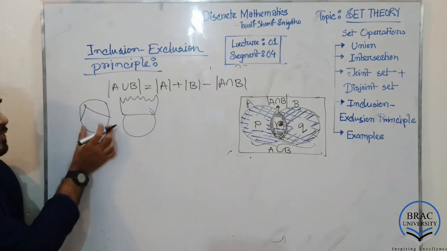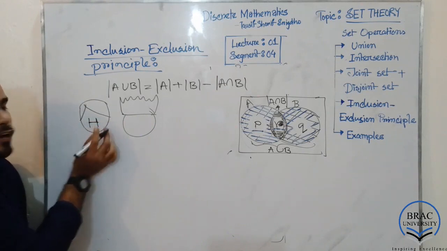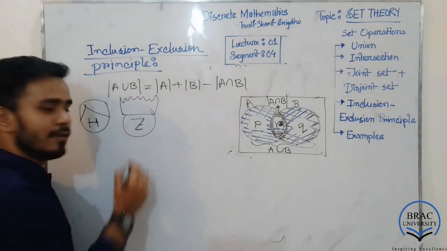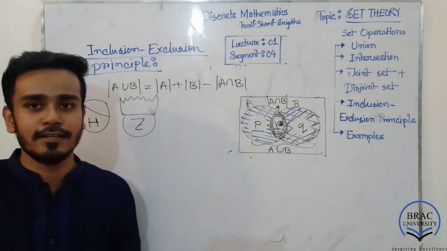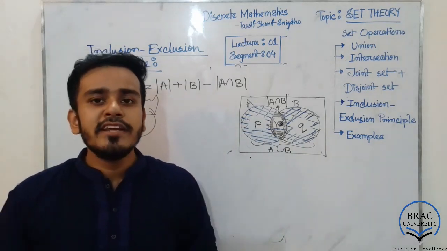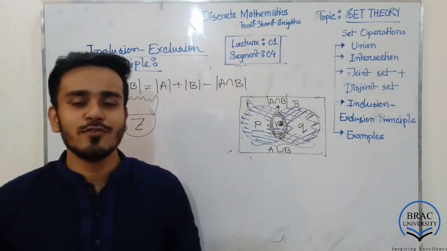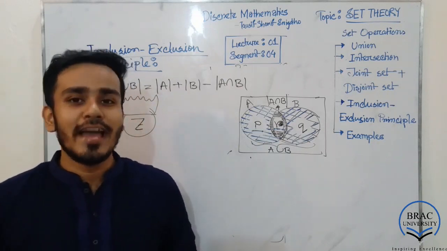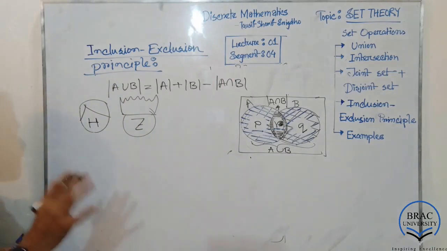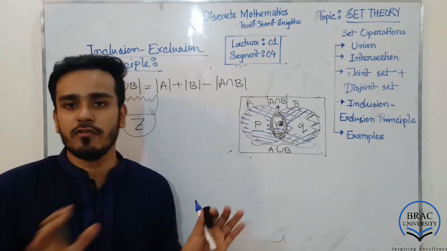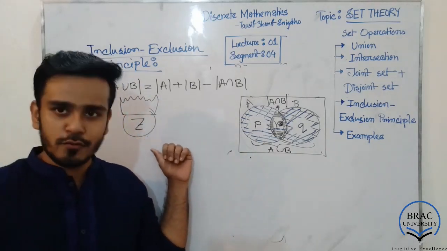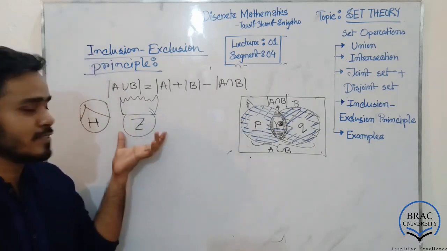Okay, so let's see, this is our hero alum, Mr. H, and this is Zaid Khan. It is known that 80% of BRAC University students are fans of hero alum, and 60% of BRAC University students are fans of Zaid Khan.